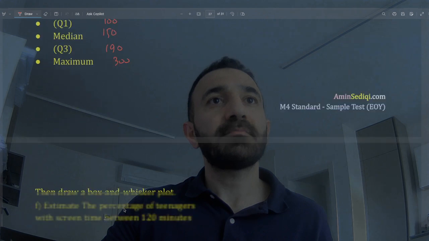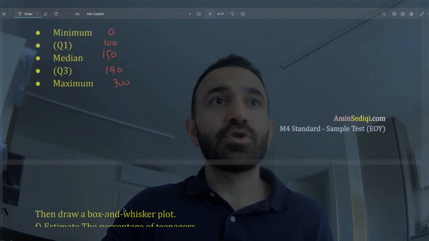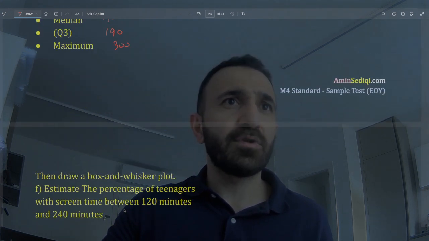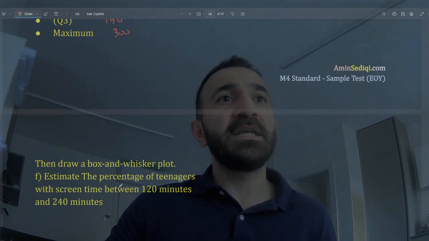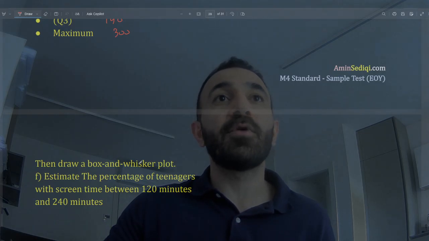That's it. You were supposed to draw a box and whisker plot. We did it here. Can you estimate the percentage of teenagers with a screen time between 120 and 240?